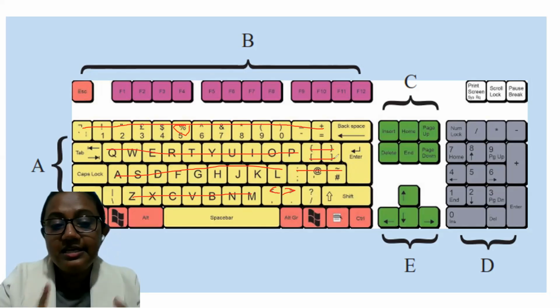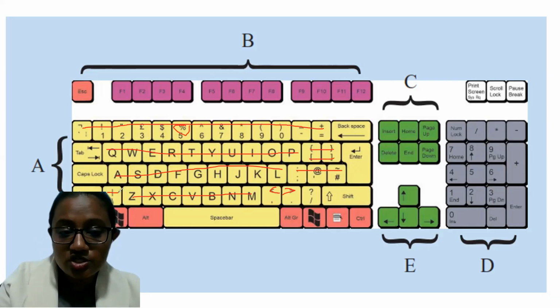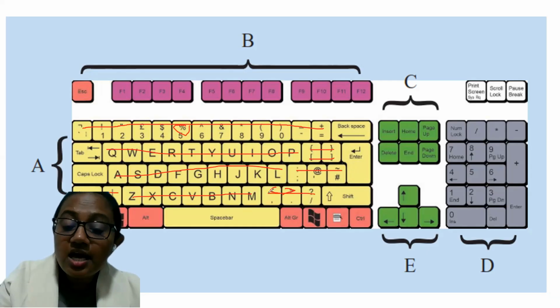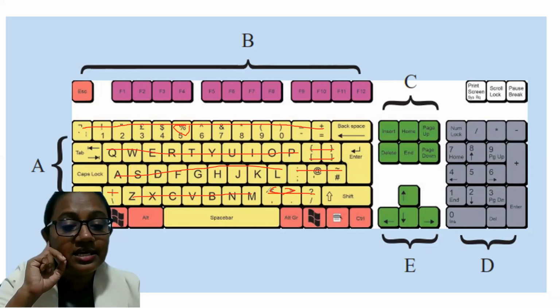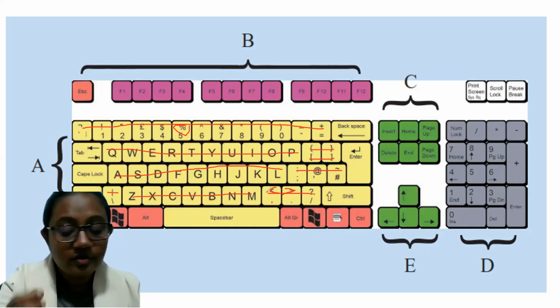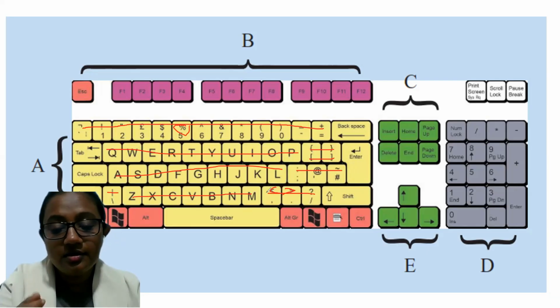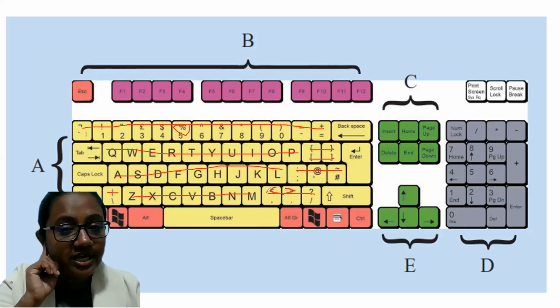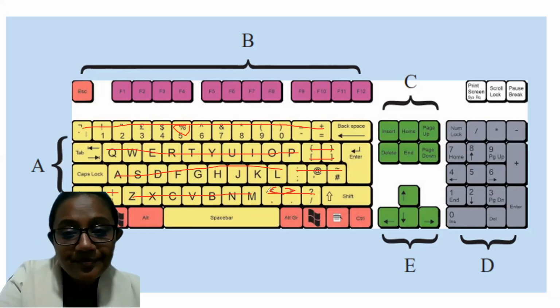Other than English letters and special characters, what are the other keys you can see here with the yellow color?